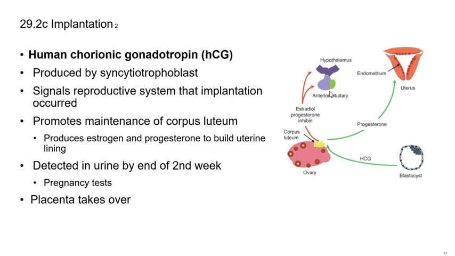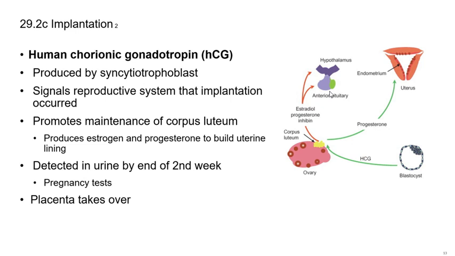So it was the Graafian follicle that released the oocyte, and then that turns into the corpus luteum. The corpus luteum, remember, was producing primarily progesterone, and that helped to maintain the uterine lining. Okay.